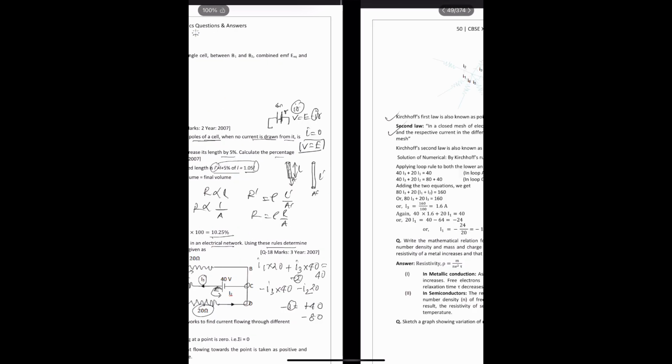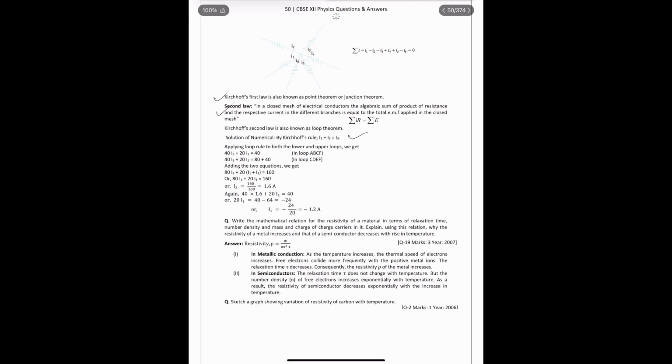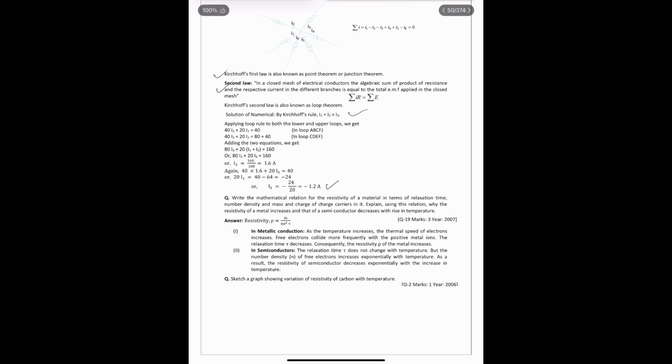One relation is I3 is I1 plus I2. This is equation 1, this is equation 2, this is equation 3. There are three equations and three unknowns, I1, I2, I3. We can calculate them, correct. So you can find the value of I1, and similarly other values as required.